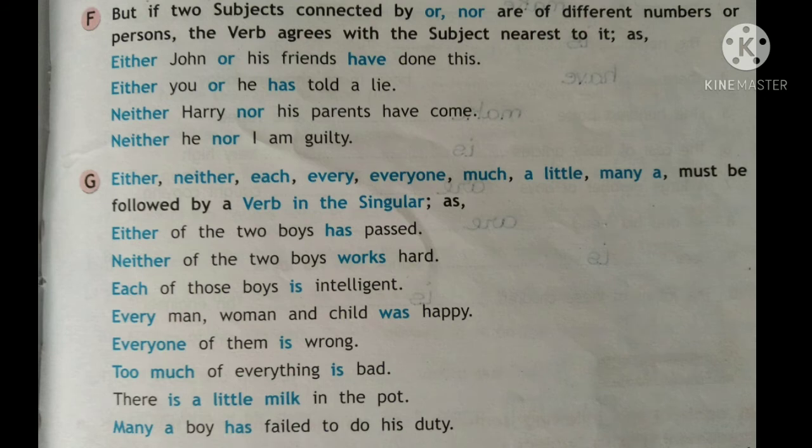But if two subjects connected by "or" or "nor" are of different numbers or persons, the verb agrees with the subject nearest to it. For example, now, if we have "either...or", "neither...nor" or "nor" in the sentence, and of the two persons or numbers that we are talking about, one is singular and the next one is plural, and then comes the verb, the noun which is plural will agree with the verb.